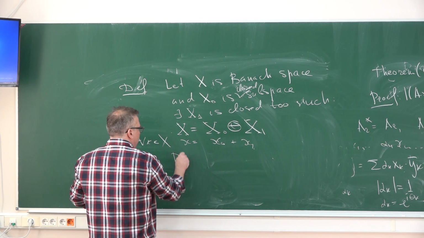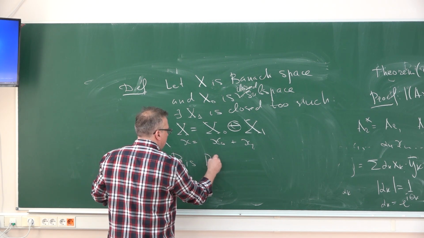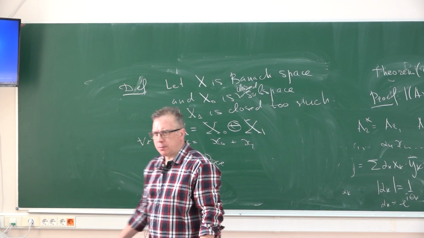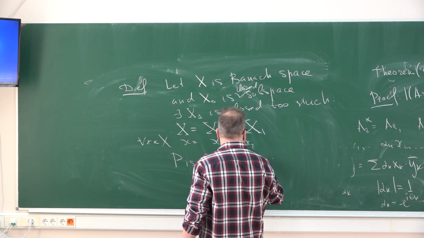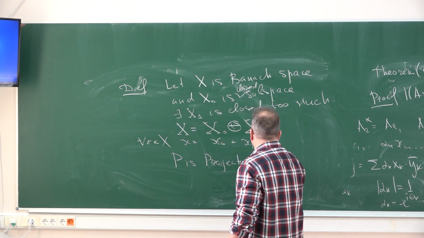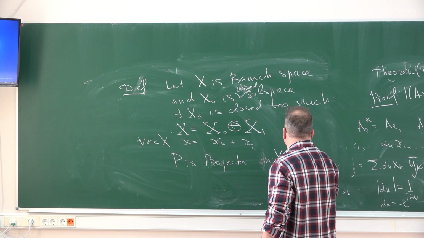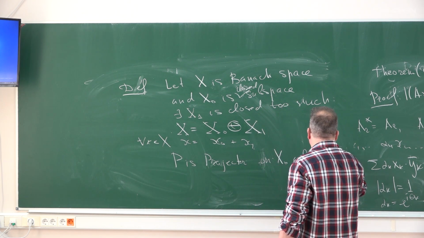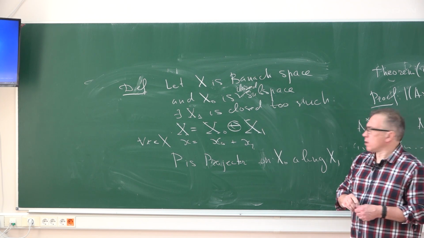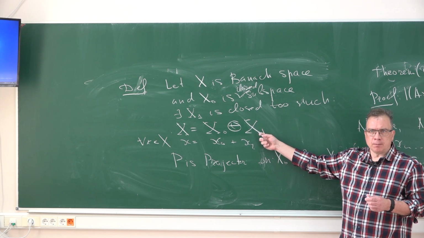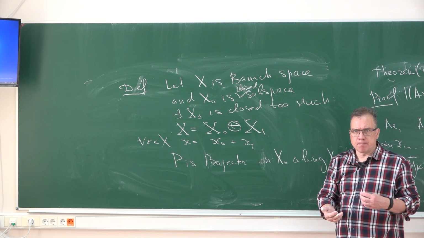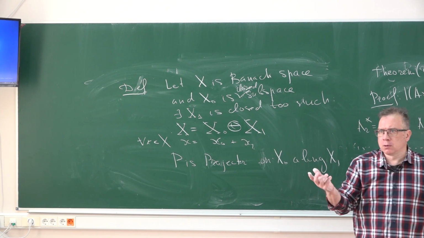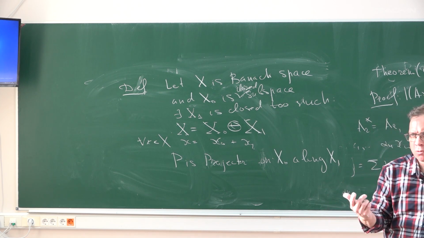P is a projector on X0 along X1, because this space is not unique. X1 is not unique. You can define different projectors, even in a two-dimensional situation.